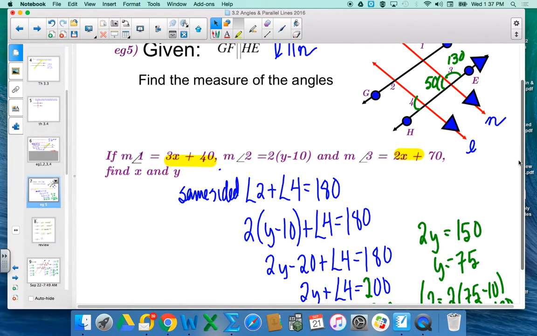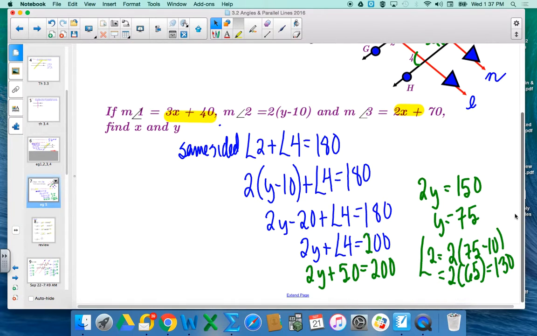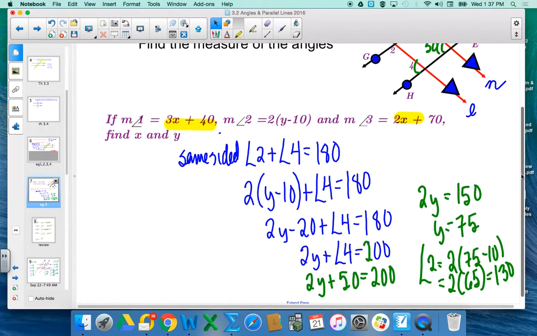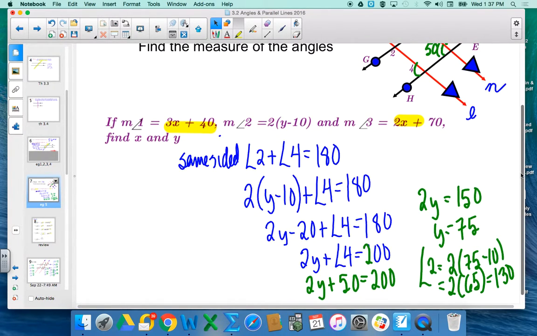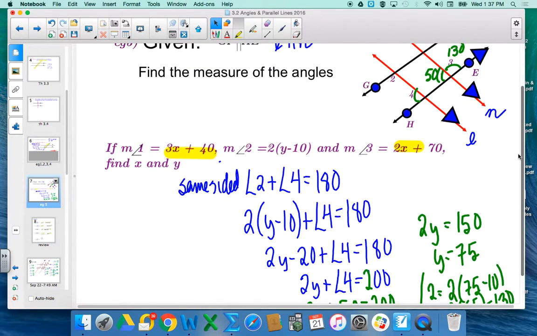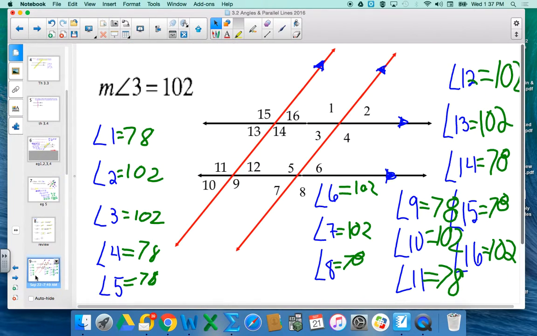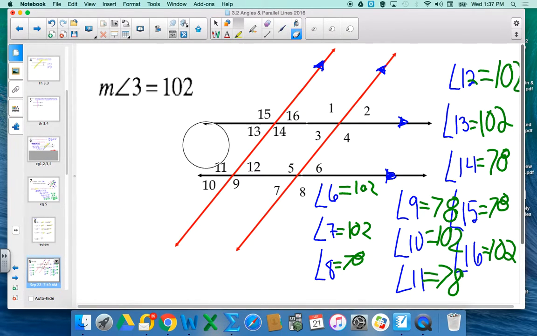Oh, that's not right. Oh, angle 2, yeah, it's 130. Sorry. Okay. So angle 4 is 50. Alright. Okay, so I'm going to let y'all do this one and then y'all come up here and find the answers.